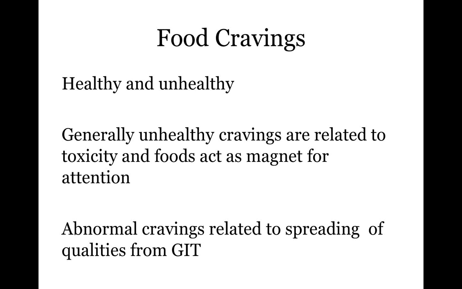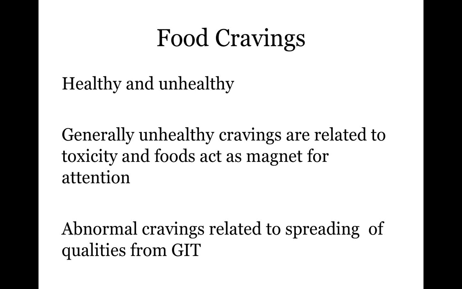Some people have asked on the threads about food cravings, and I wanted to touch upon this because it's a very common thing that everybody runs into as they start these kinds of nutritional formats. There are really two types of food cravings, ones that are healthy and ones that are not healthy.